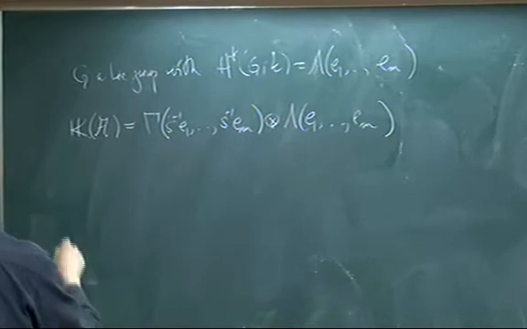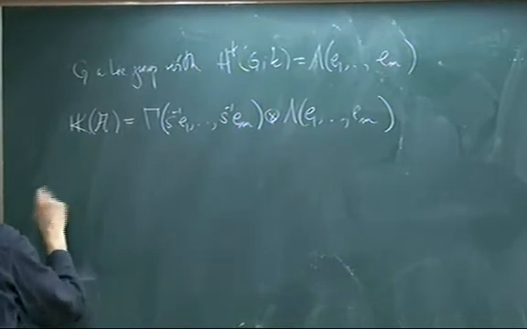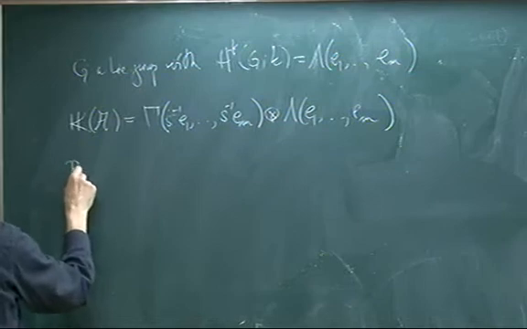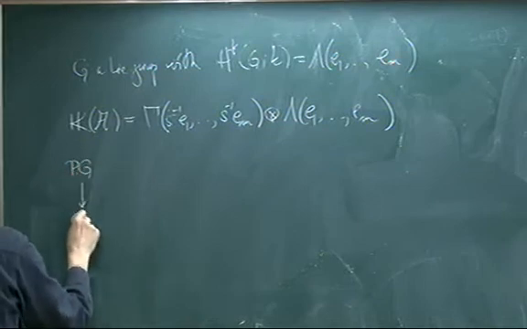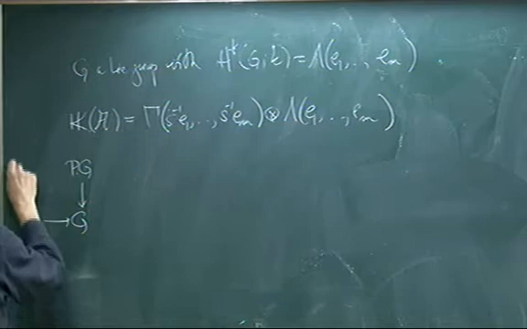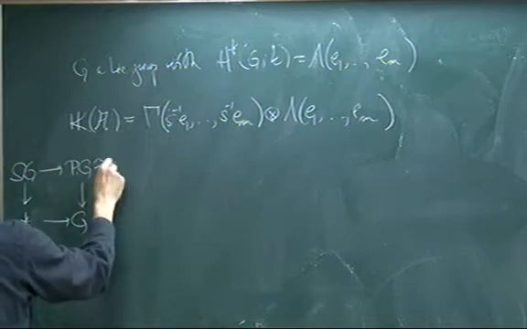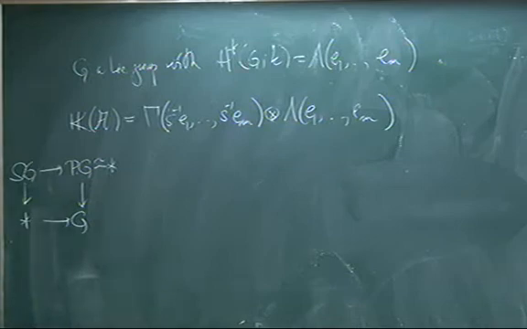And then if I'm interested in the situation where I have the path loop fibration, then since the path space is contractible, I have a point and a point.